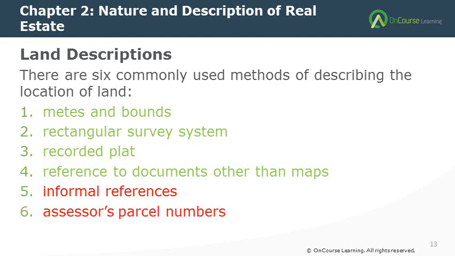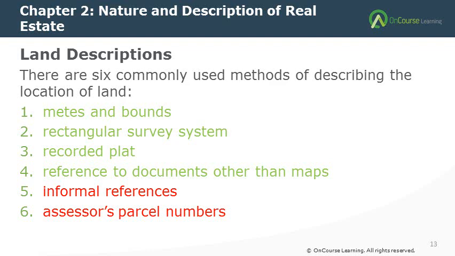The first 4 methods in green are what's termed legal land descriptions. These are the most accurate forms of land descriptions. These are the only types of land descriptions that will hold up in court because they each describe and convey the uniqueness of each parcel of land.